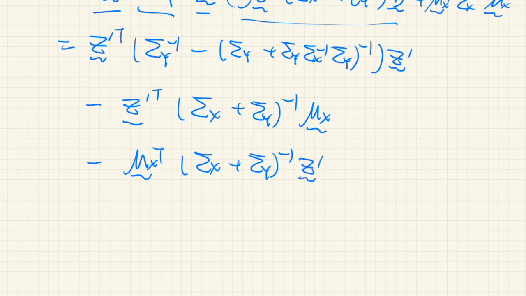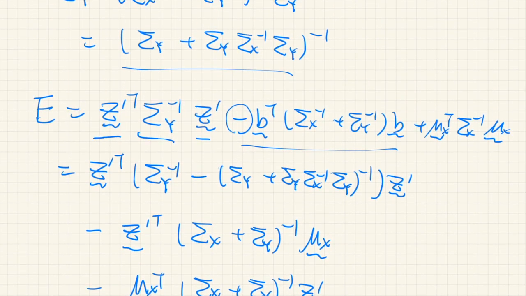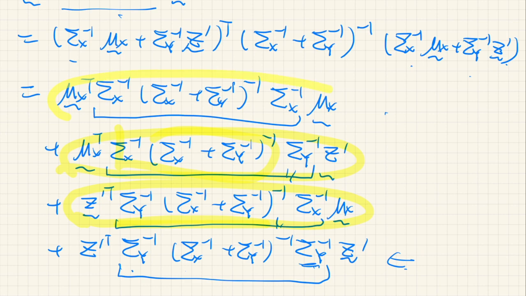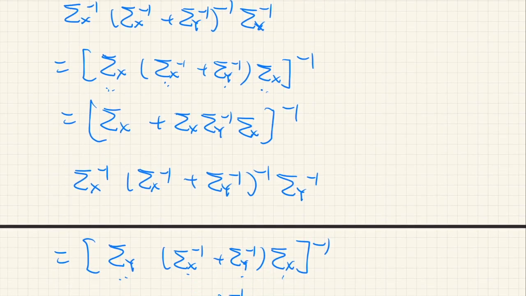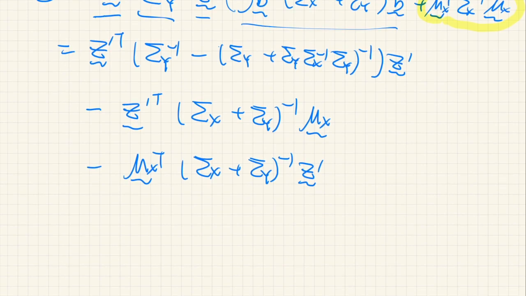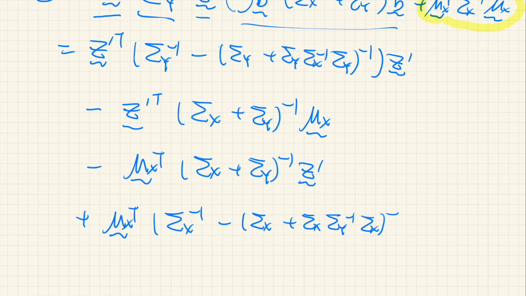And finally, consider the term that is quadratic in μx. So that is this term, and also, where is it? This term. Okay, and the matrix part here became, where is it? This one. So, plus μx transpose (Σx⁻¹ minus (Σx + Σx Σy⁻¹ Σx)⁻¹) μx.